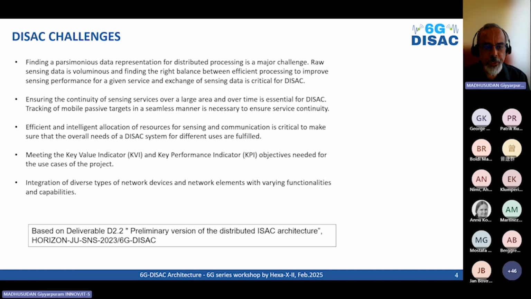Coming now specifically to the architecture part, which is what I will be talking about in this presentation. The challenges for the distributed part that we envisage are finding a parsimonious data representation for distributed processing, because the raw sensing data is voluminous, and depending on the service requirements, we need to find the right balance between the sensing performance that is needed and the storage and data exchange that needs to happen.